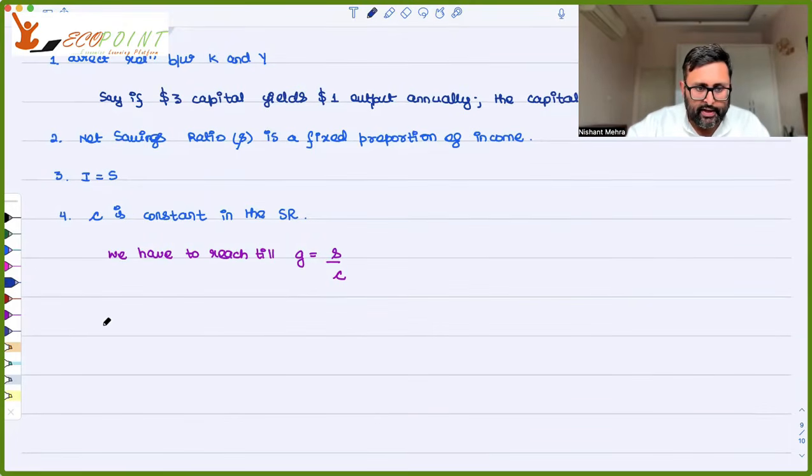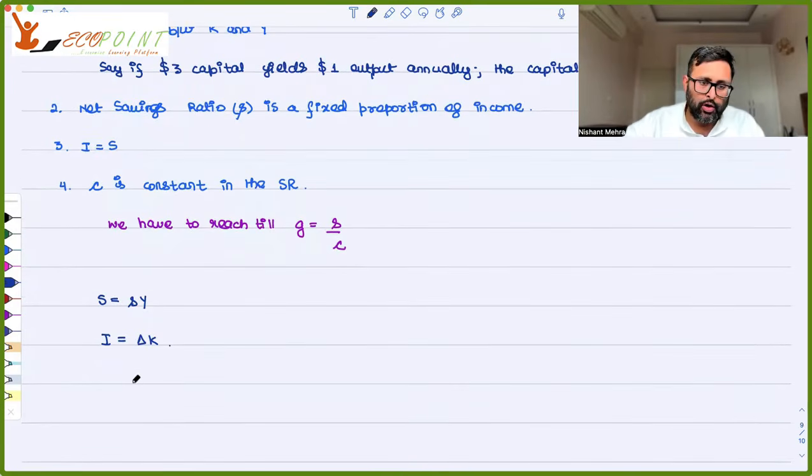Your net savings are given by capital S equal to small s into Y. That is, total savings are a fixed proportion of the income. Investments are equal to the change in the capital stock, right? That is, investment equals the change in the capital stock.